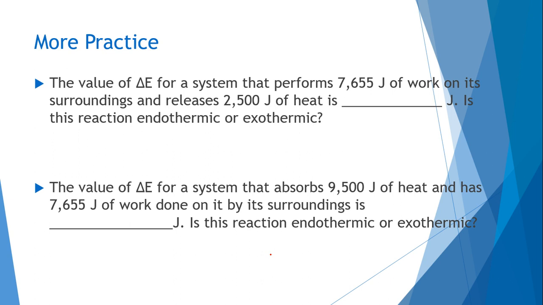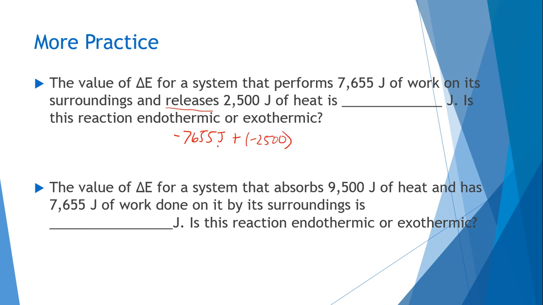So here, when we're looking at this, it performs work on the surroundings. That means that this value should be a negative 7,655 joules. I'm going to add this to my 2,500. But because it says it's releasing heat, that's a negative 2,500.